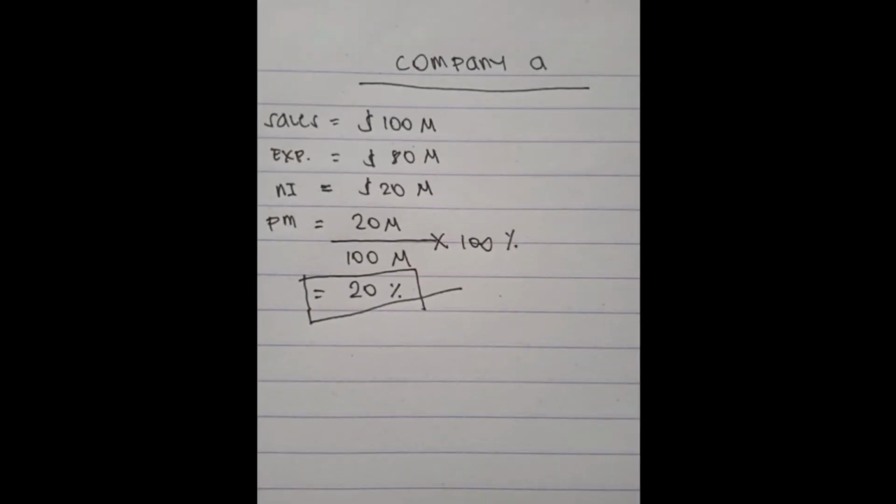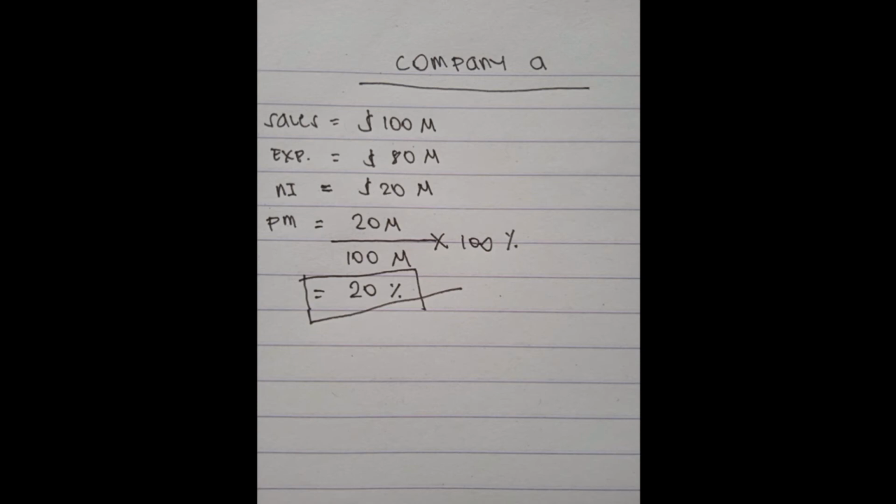So guys, here is an example. Analyze a company whose sales are 100 million, and total expenses are 80 million. To get the net income, we subtract the total expenses from the sales, which gives 20 million.